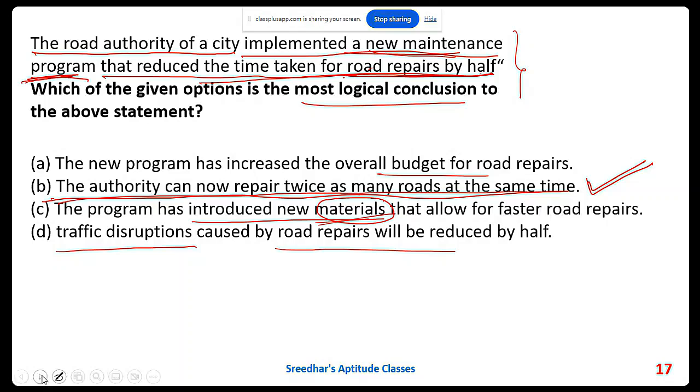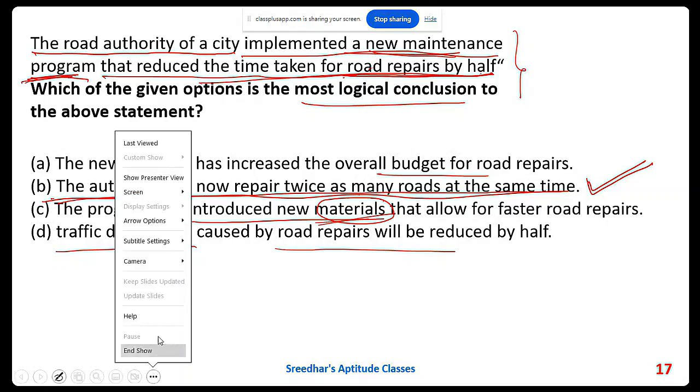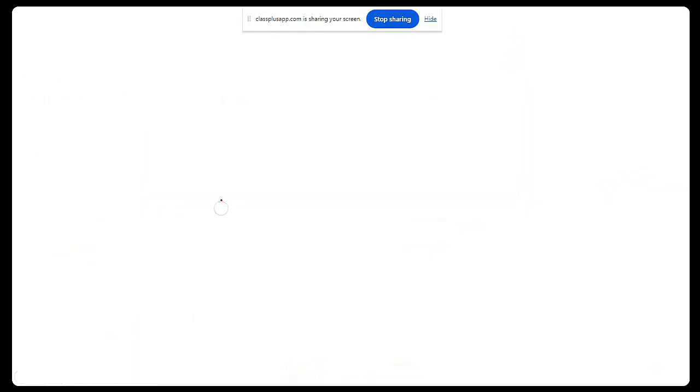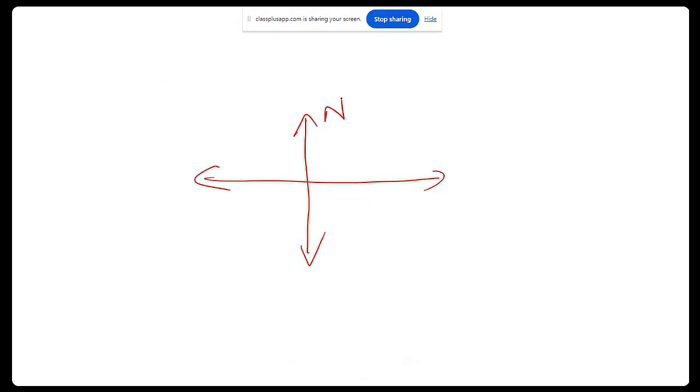Right. So before I move to the next question, some people are asking me to explain the directions. See, let me tell you. Normally, we go by this diagram: north, south, east, west. A person facing north, for that person, this is left and this is right.